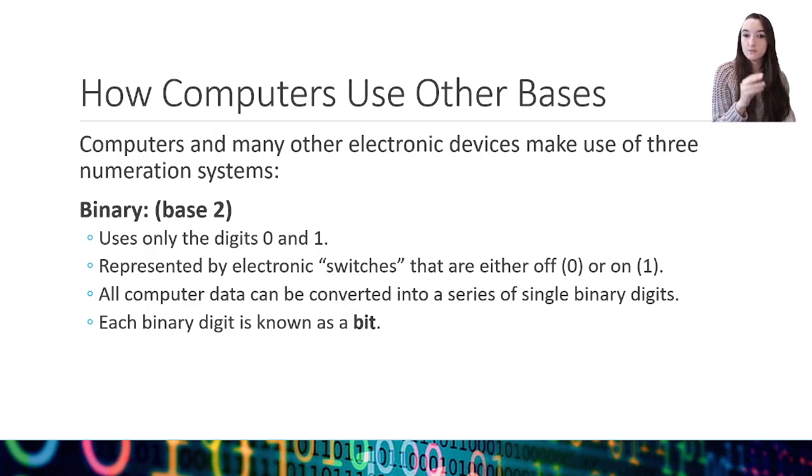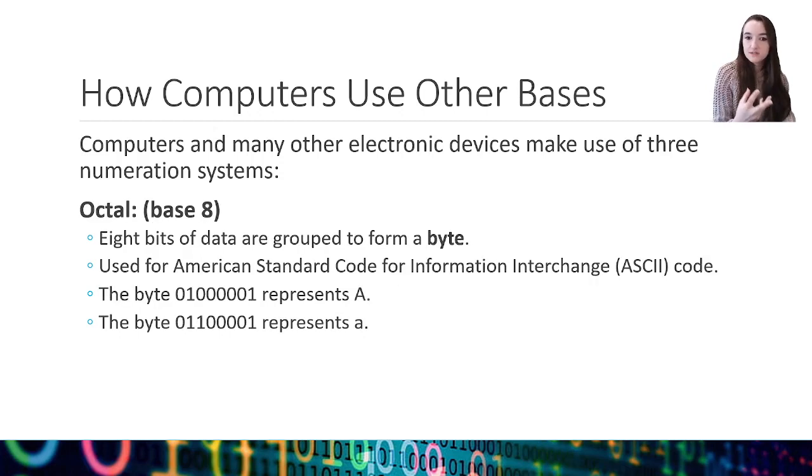All computer data can be converted into a series of these binary digits, and each binary digit is then known as a bit. Once we get 8 bits, we can form a byte and convert into the octal, base 8, system. Octal is used to form the American Standard Code for Information Interchange, which is ASCII. You may have seen that abbreviation before.